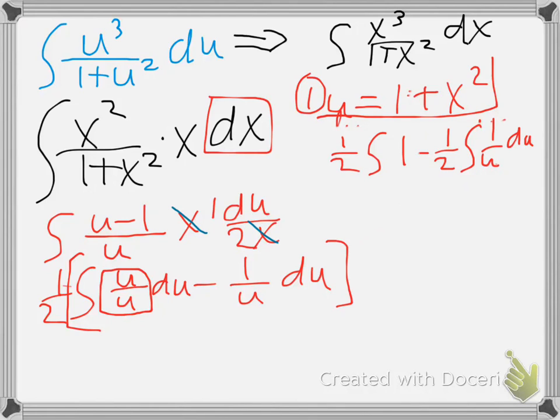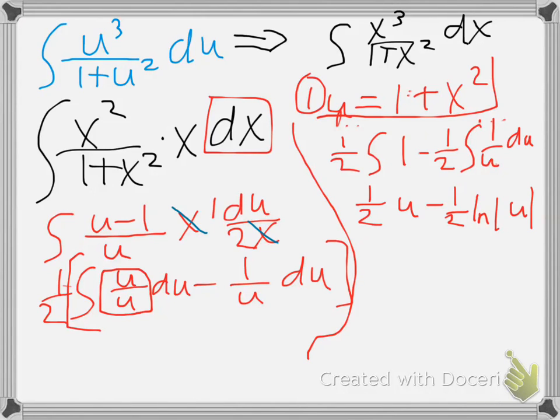And the integral of 1 du is simply 1/2 of u, and 1 over u is just the natural log, so we have a minus 1/2 the natural log of the absolute value of u plus our constant.